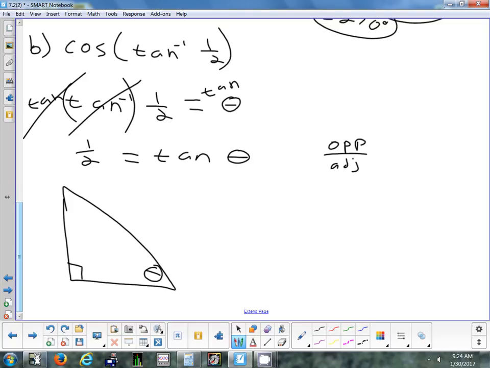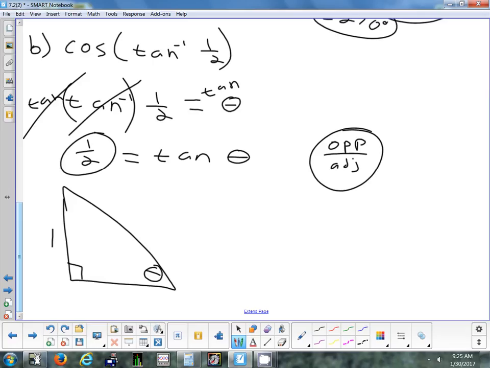Label them any way you want. It doesn't matter how big or small you make this triangle. I just need that to come out to that. So what should I label the opposite side? One, yeah, make the opposite side 1.